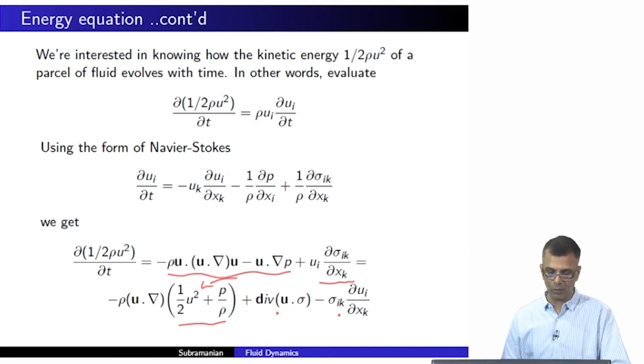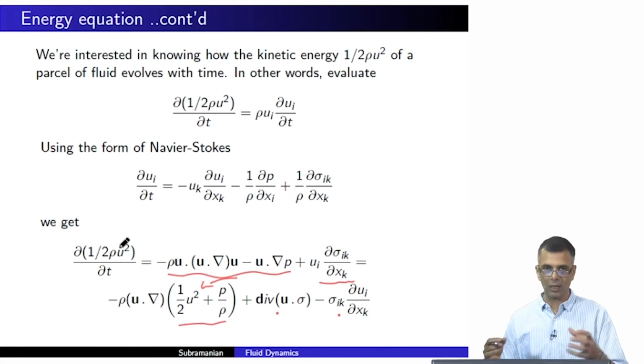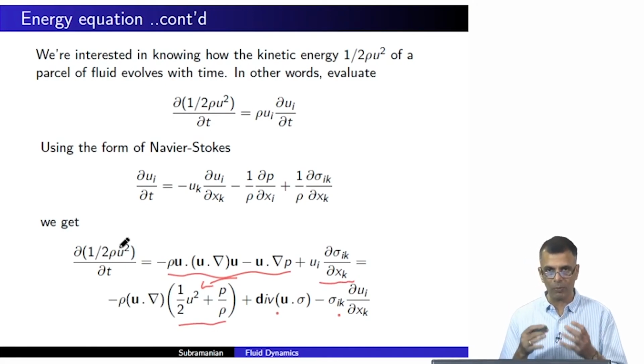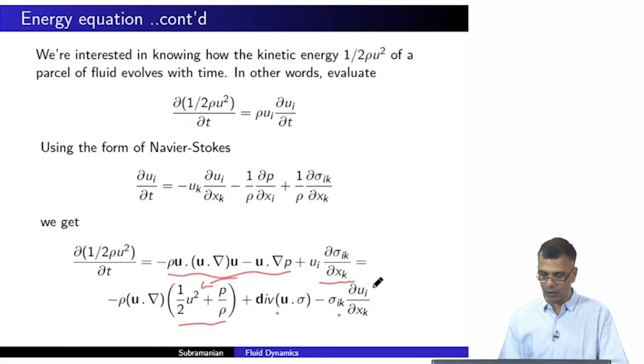All of this is simply the time derivative of the kinetic energy density of a fluid parcel. In other words, how the kinetic energy density of a fluid parcel evolves and how it's related to viscosity.